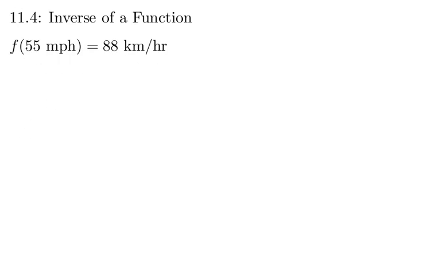But then what if we want to convert the other way around? This is good if we have miles per hour and we want to convert to kilometers per hour. But what if we have kilometers per hour and we want to find miles per hour? Then we'd have f inverse of 88 kilometers per hour, which is going to map to 55 miles per hour.